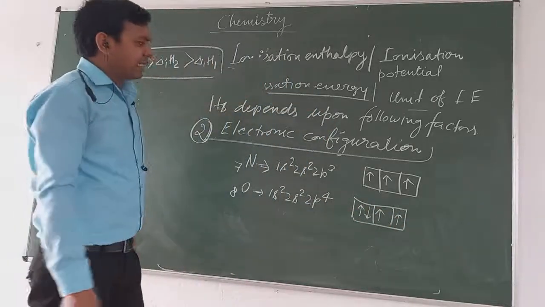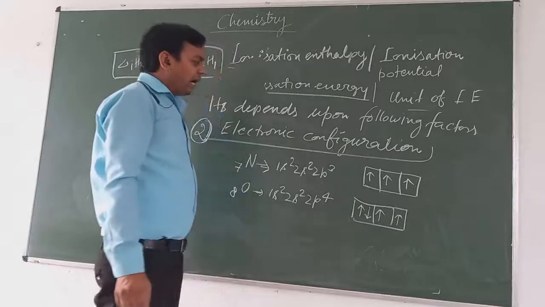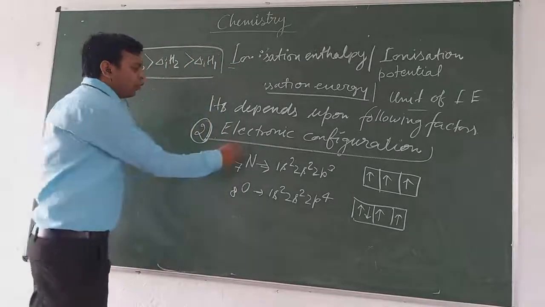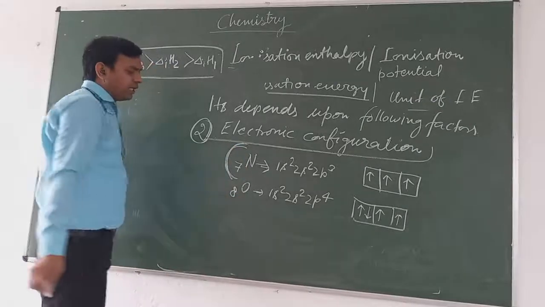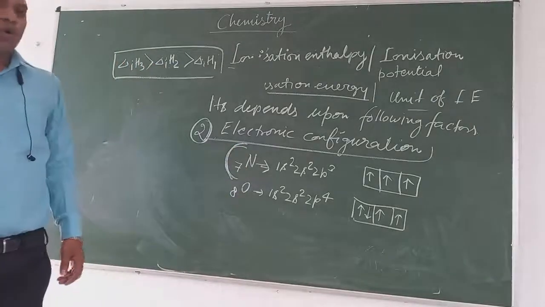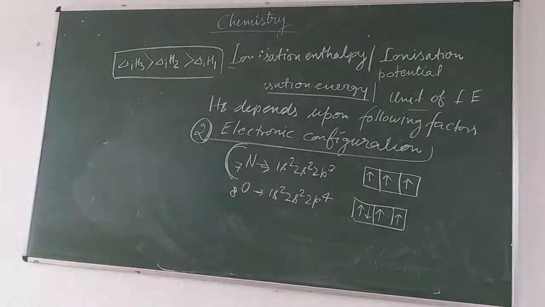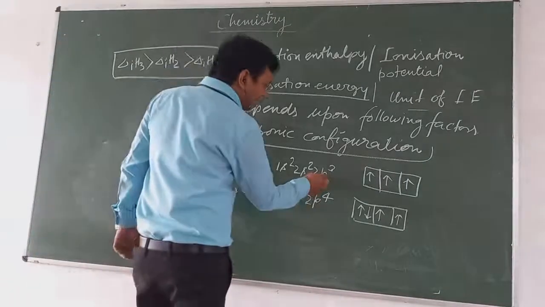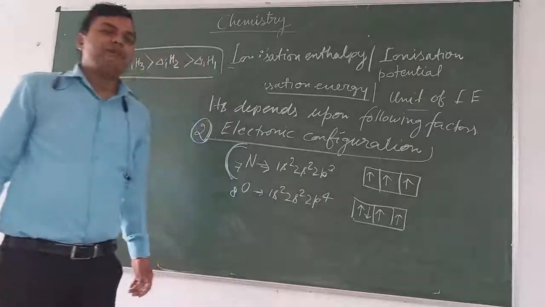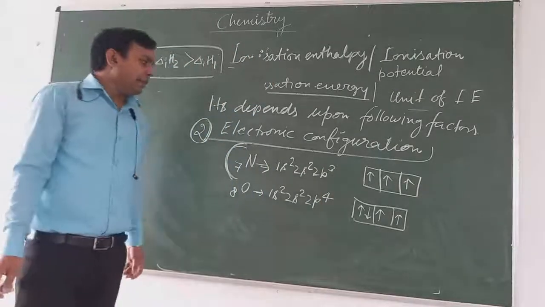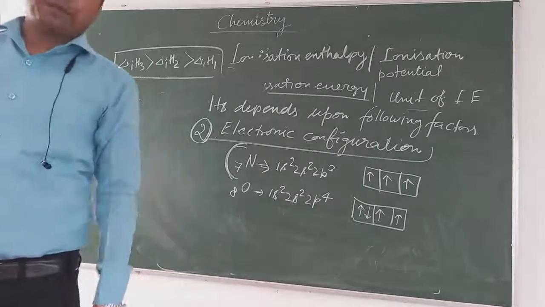Half filled is more stable. Nitrogen has the higher ionization enthalpy because it is half filled. So half filled or fully filled orbitals are most stable.